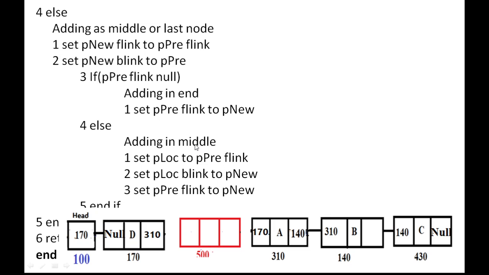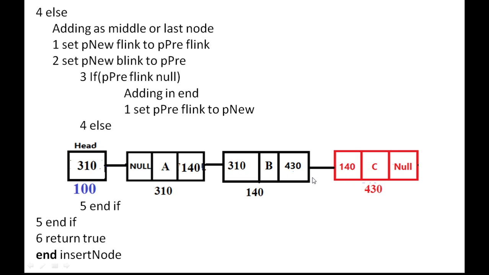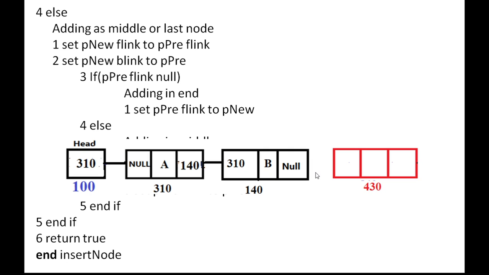And similarly, we may also have to insert in the middle. So in that case, what do we have to do, and before that, how do we know whether it is supposed to be inserted at the end or at the middle? For that, this condition is checked. If p pre forward link is null, okay, see, in the previous case we were inserting at the end. That is because the p pre forward link was null, and based on that we were able to determine that we are going to insert at the end.